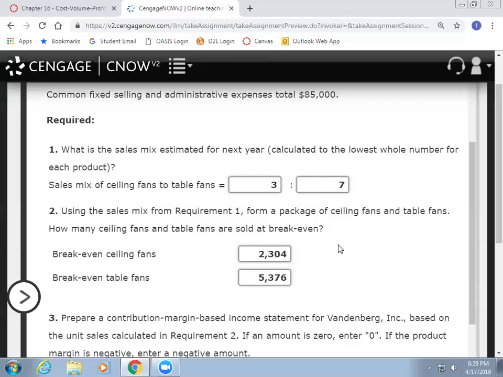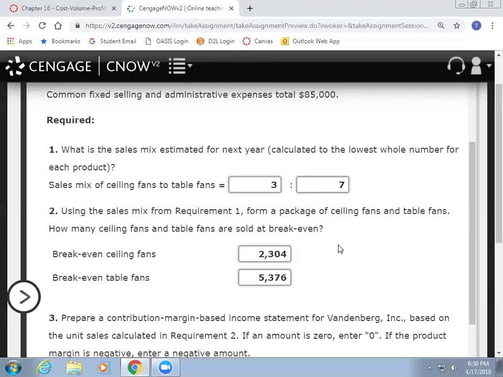Add them together to get the package contribution margin. Then we take our total fixed cost divided by the package contribution margin, and then we multiply back by the sales mix. I guess it does make sense if you know what it's talking about. So hopefully it'll help you, just following that process.